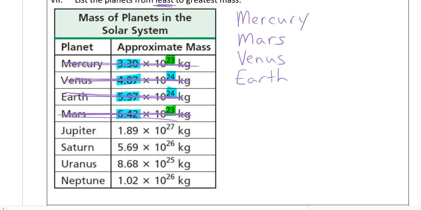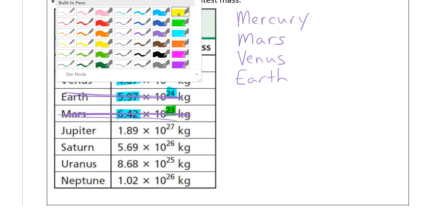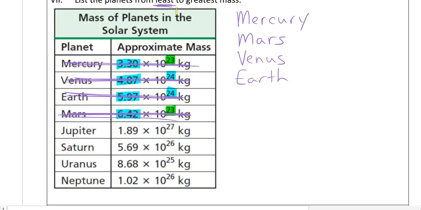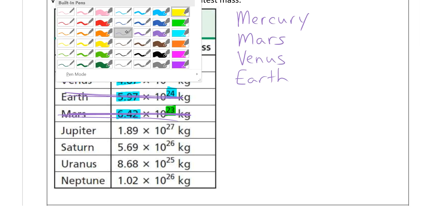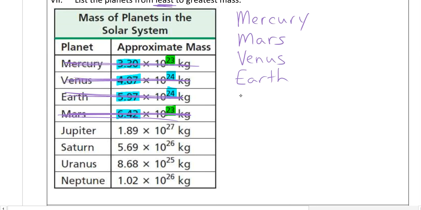All right. Then if I go ahead and look at my next values, so we had an exponent of 23, 24, then I would look at 25, and 25 actually doesn't have any other 25, therefore Uranus would be the next planet listed. Then I see that I have an exponent of 26, and I'm comparing Saturn and Neptune.